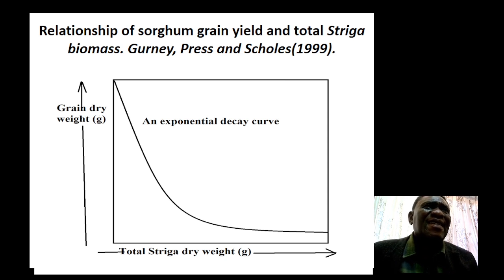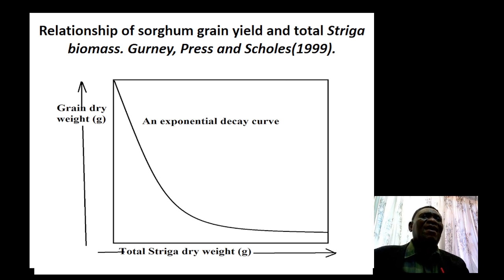This is the relationship of crop grain weight versus total dry weight of striga. If you increase the density of striga, this diagram gives you an exponential decay curve.